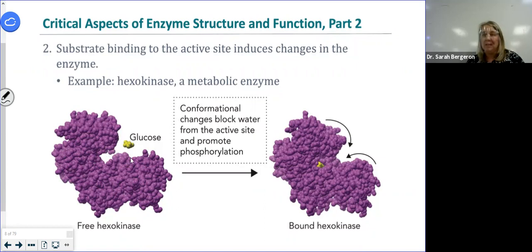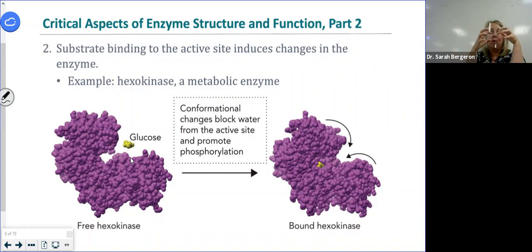This is hexokinase. So remember, hexokinase is the one that phosphorylates glucose. So if we have glucose unbound, we're going to have a particular conformation. And so this is the space filling. What you saw before were the ribbon diagrams. Now we have space filling. So what you can actually see are there are kind of two big arms to hexokinase.